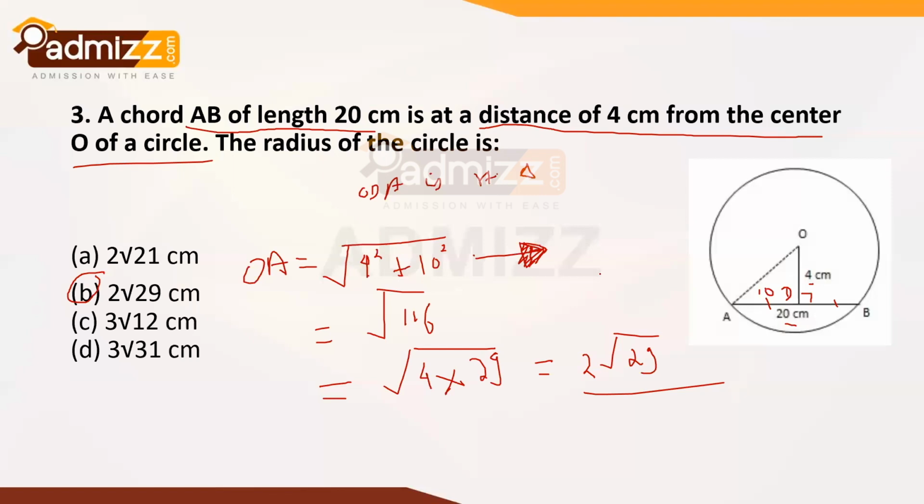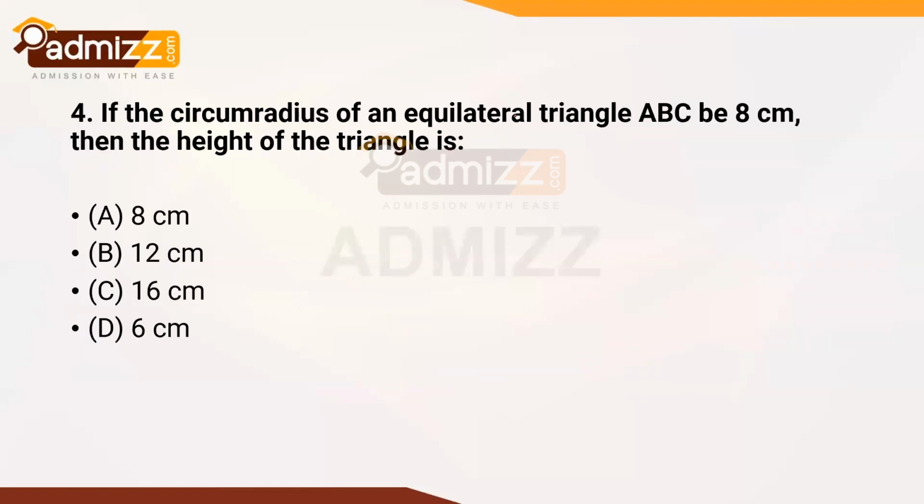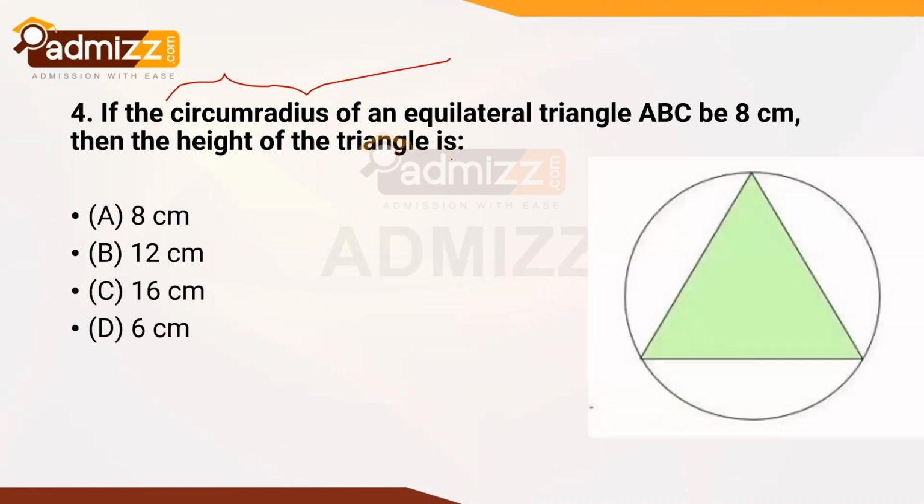All right, so with this said, let's move on to question number 4. In this question, you will have to know a certain terminology, that is the circumradius. I'll be explaining what circumradius is. Before that, take a look at this figure. A circumcircle is a circle that passes through each of the vertices of a triangle.